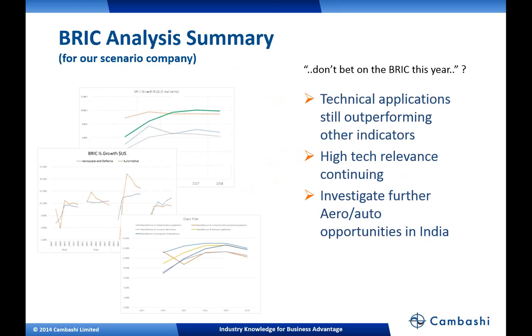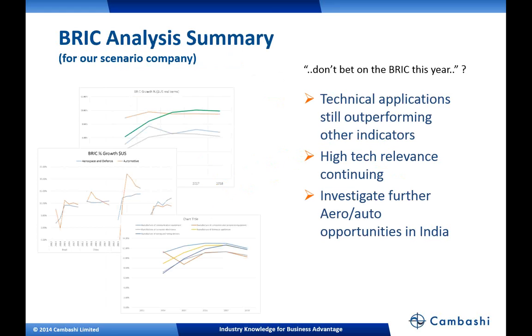So what do we learn from this very quick analysis of the BRIC, and how does that refer to the original statement that we're trying to investigate? Now remember, these comments just apply to our scenario company, so don't take anything away from here.